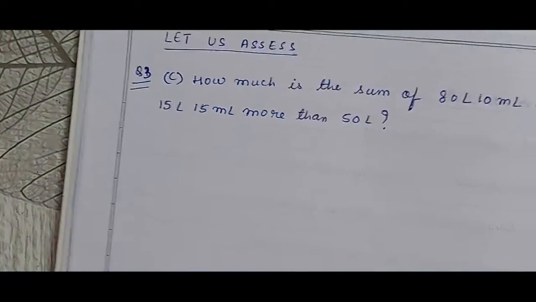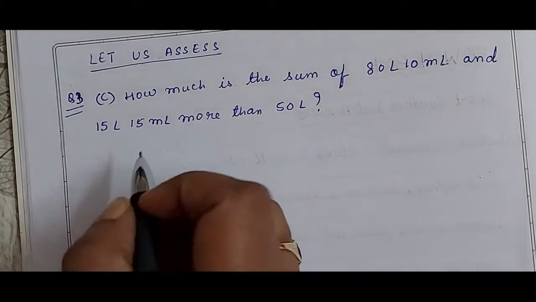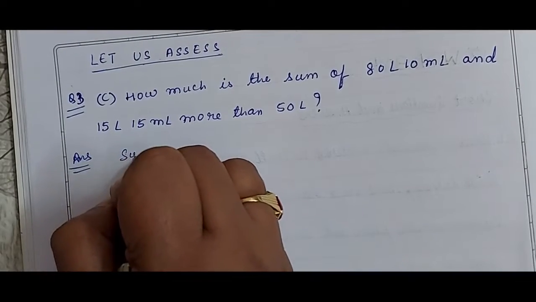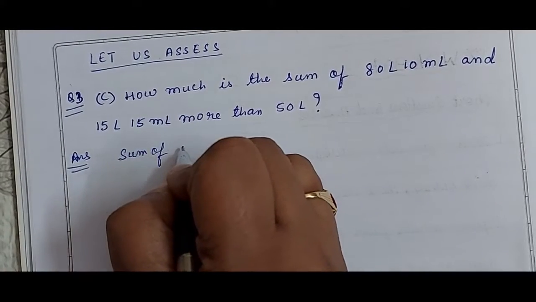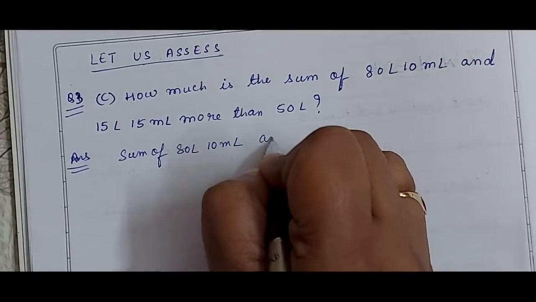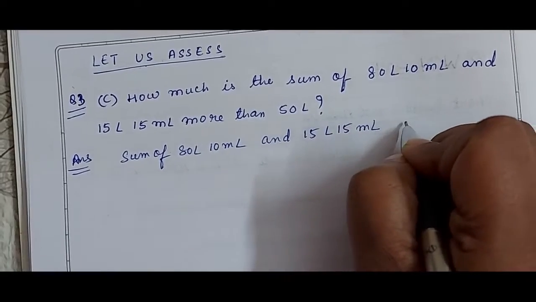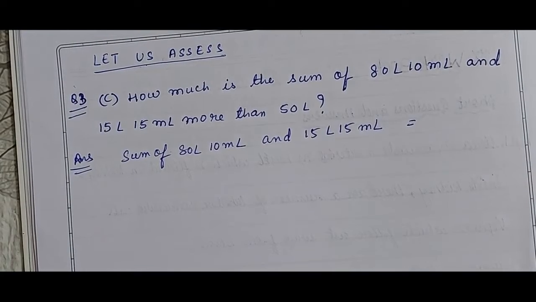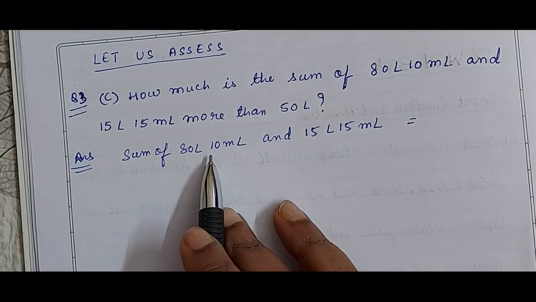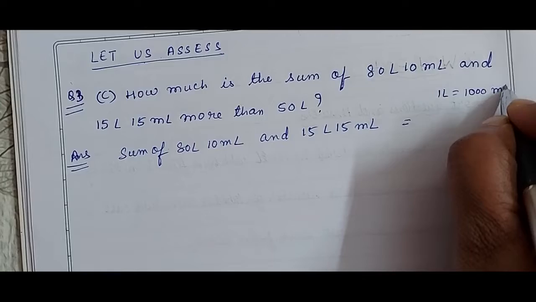Everyone see. Here first of all we will take out the sum of 80 liters, 10 milliliters and 15 liters, 15 milliliters. Now the most important thing which we have to remember is 1 liter is equal to 1000 milliliters.